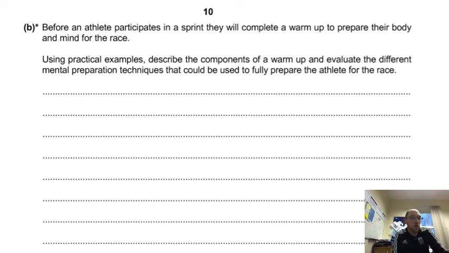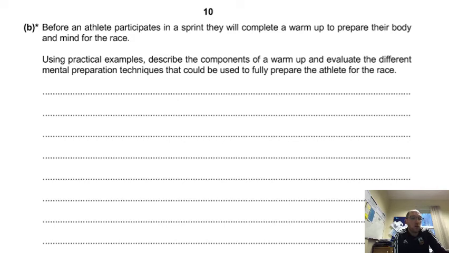Each component of a warm-up would be described and exercises would be given. Several mental preparation techniques would also be outlined and evaluated. For example, selective attention helps a sprinter focus on the event and block out distractions, while positive thinking increases confidence and determination to do well.